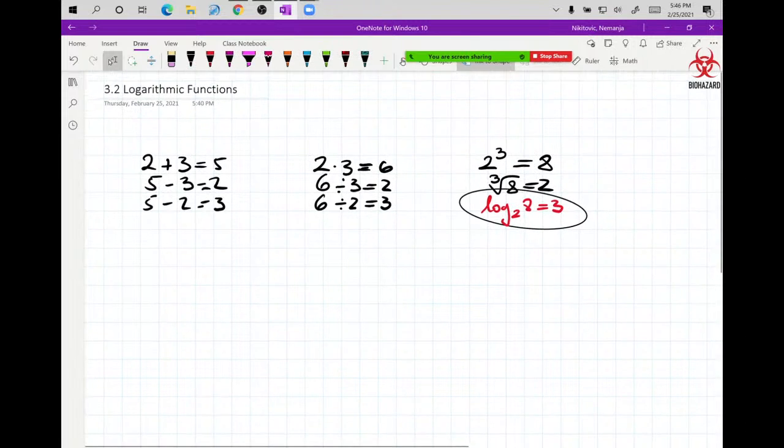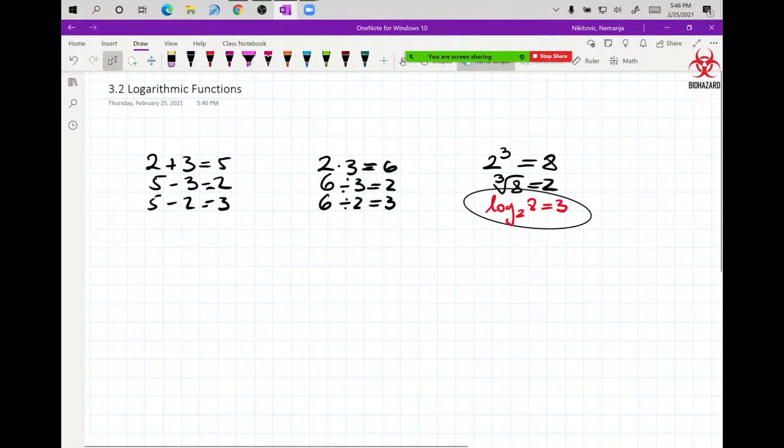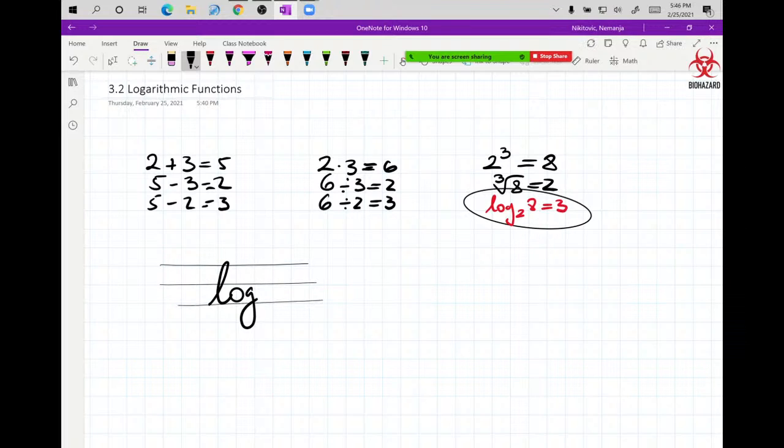So first, for notation, when you are writing a log function, you can see that I am using these lines as a guide. If I say log, see, 2 is small, and then 8 goes here, is equal to 3.